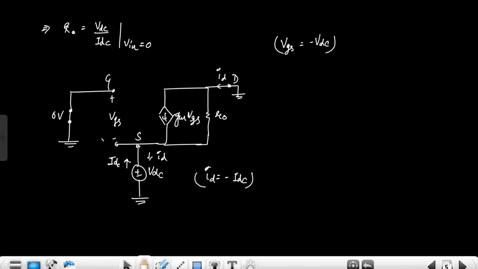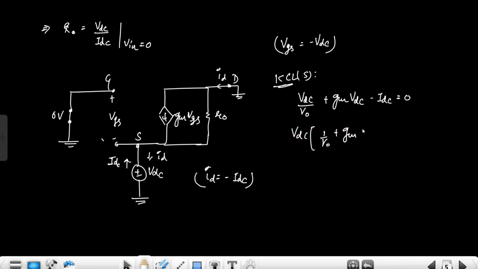Now again we apply a KCL at the source terminal. It will be VDC upon R0, minus GM VGS, right? And VGS is minus VDC, so it will be plus GM VDC, and then this current is incoming, so minus IDC is equal to 0, right? So VDC times (1 upon R0 plus GM) is equal to IDC.